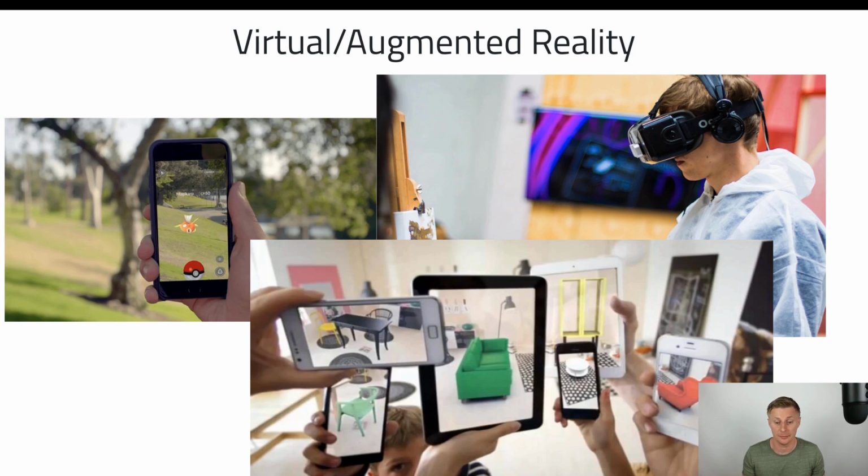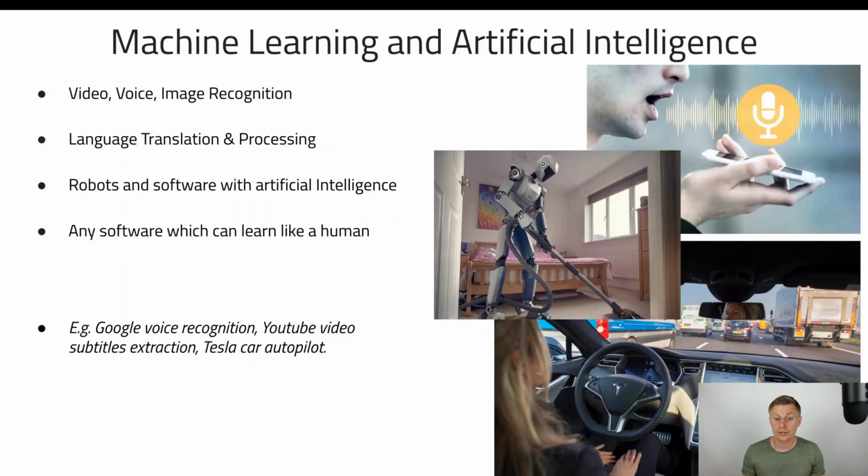The next challenging technology is machine learning and artificial intelligence. This is software which can process data and learn from it. Without any further development, software will become smarter and smarter with more consumed information.